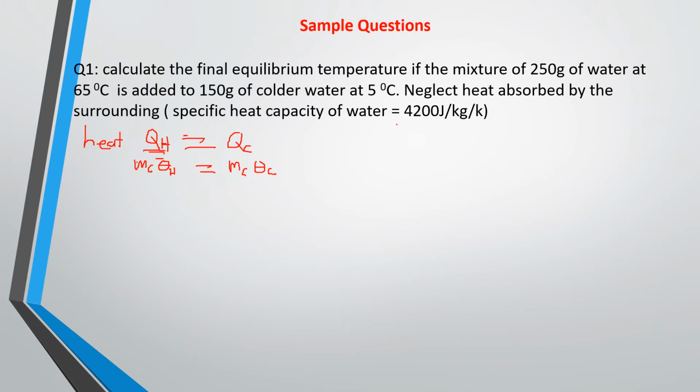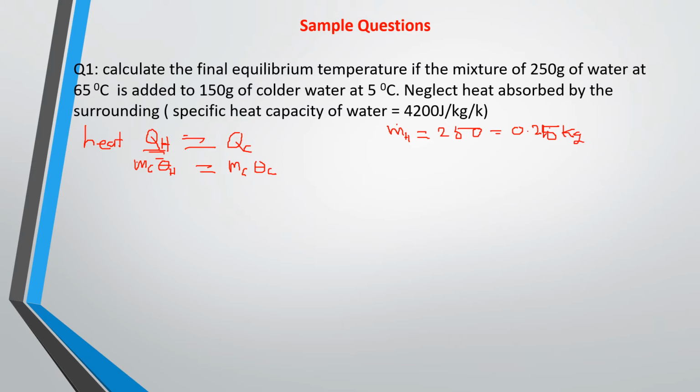Then let's go and bring out these variables that are given. We are given that mass of hot water is equal to 250 gram. You can actually convert this to kg to give you 0.25 kg.